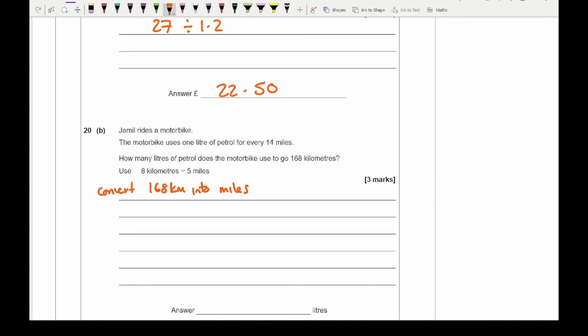To do that, we need to divide by 8 and multiply by 5. So 168 divided by 8 gives me an answer of 21. And then if we multiply that by 5, we get an answer of 105 miles.